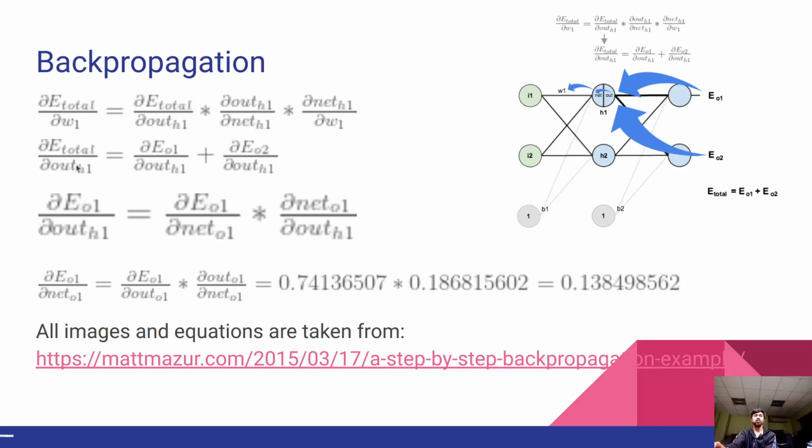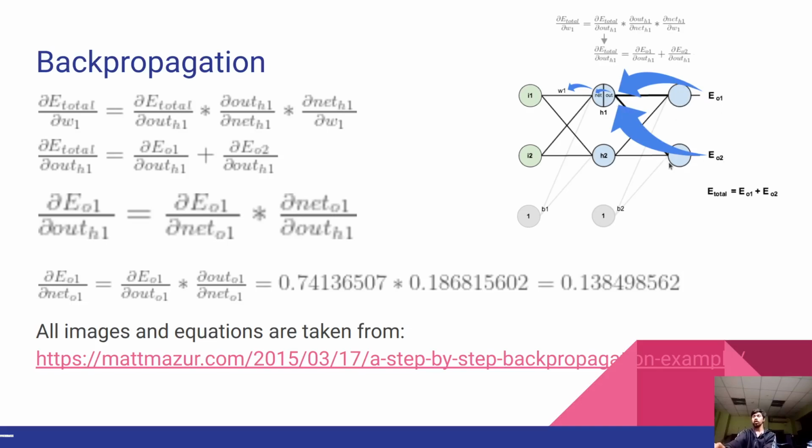If we try to find the partial derivative of the E total error with respect to out H1, we have to find in how many ways it is contributing to the error. It contributes via E01, through this node, because we take the summation of the error here and the error here.